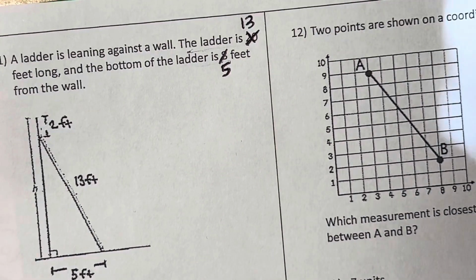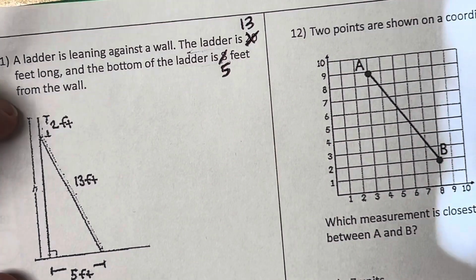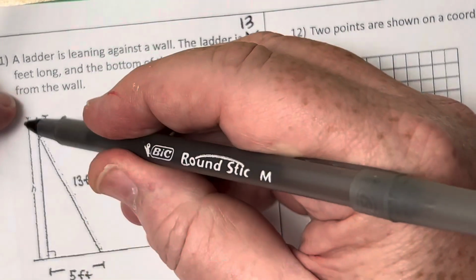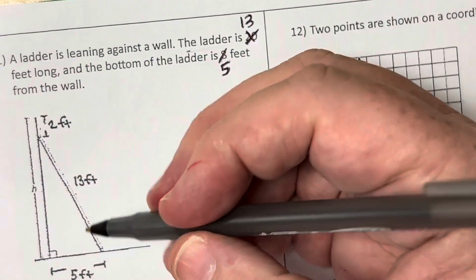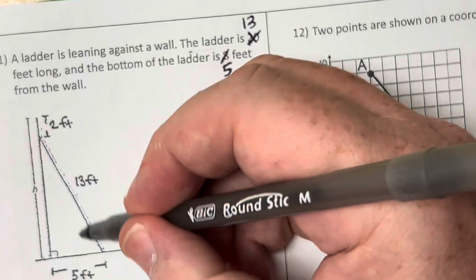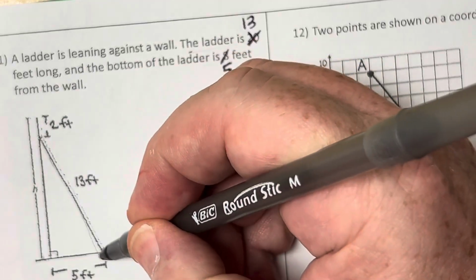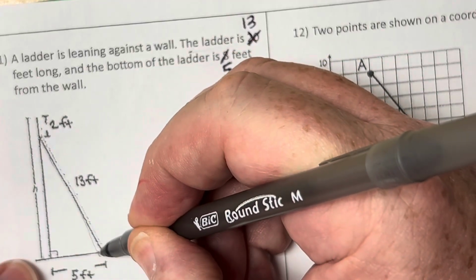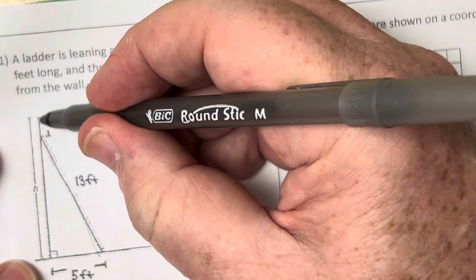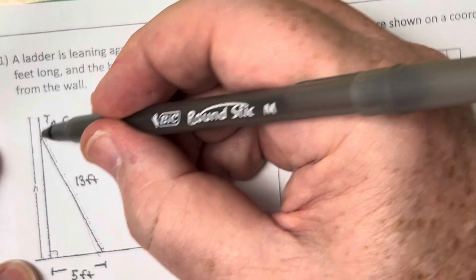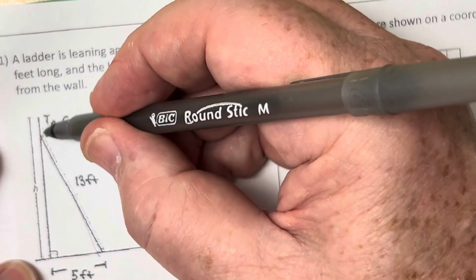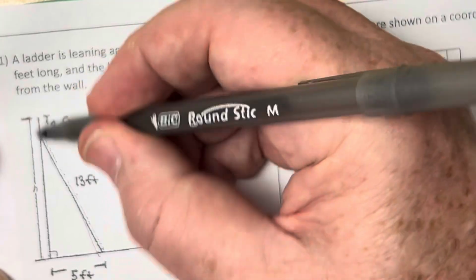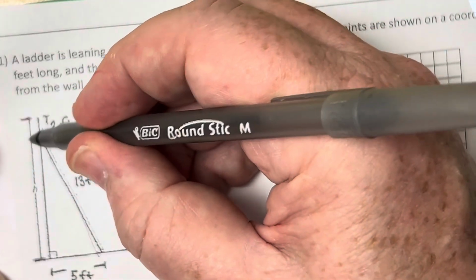Okay, so what is the total height of the wall? So the total height of the wall from here to here. So we have a right triangle here. The 13-foot ladder, 5 foot from the wall, and then it doesn't go all the way up the wall. It goes up to this point, and there's 2 feet above the ladder. So the wall is the entire thing.